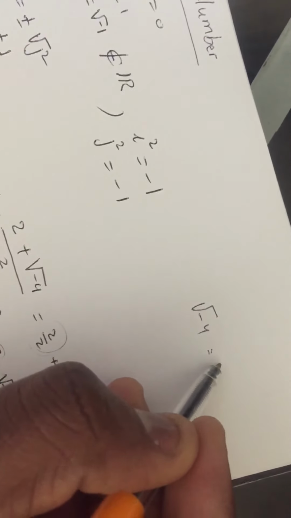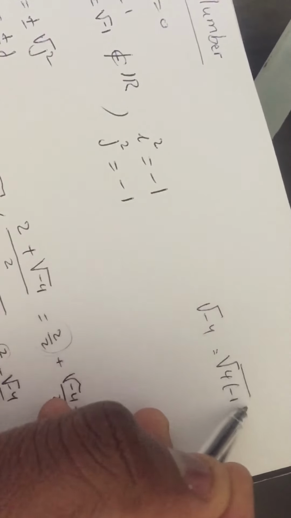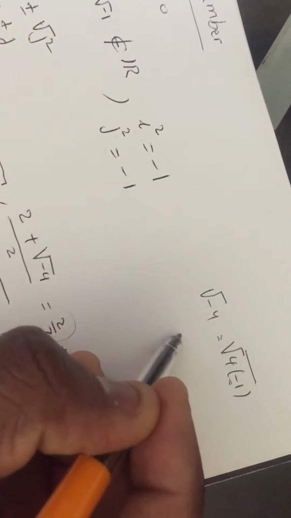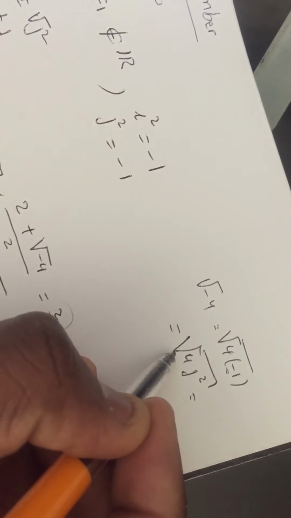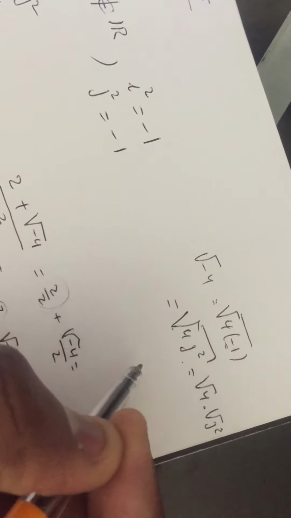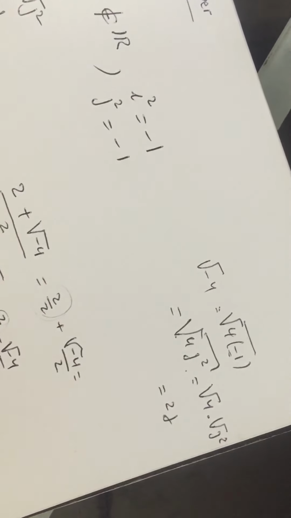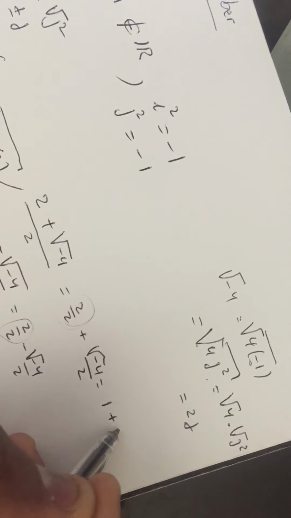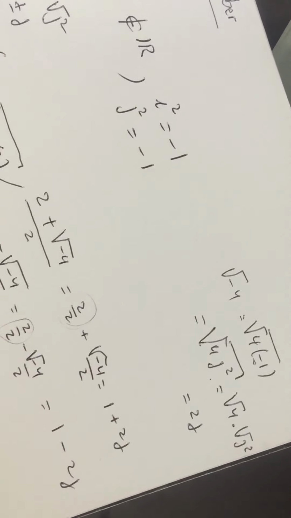This can be written as 4 multiplied by minus 1, and we know minus 1 is j squared, so we can replace this as 4j squared. Square root of 4 multiplied by square root of j squared gives us 2j. So I will have 1 plus 2j, and here will be 1 minus 2j. There we go.